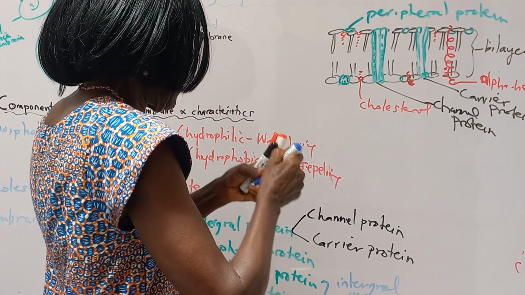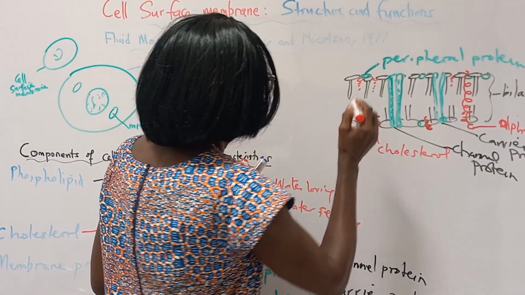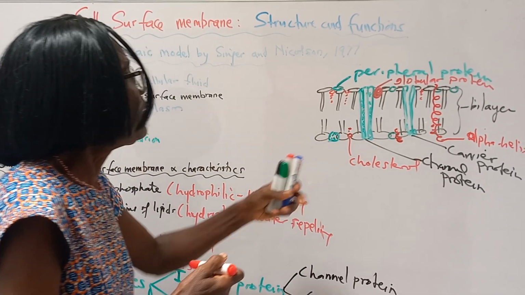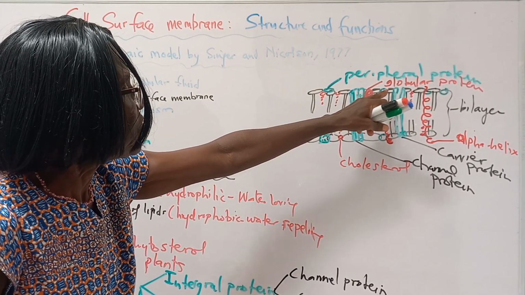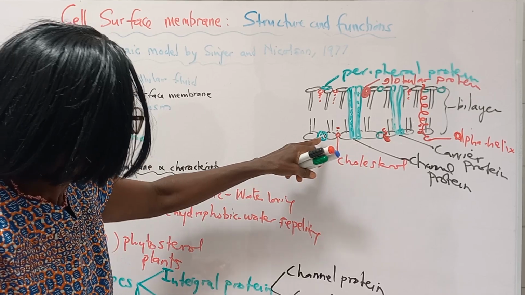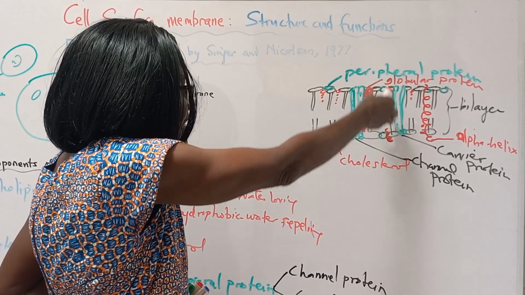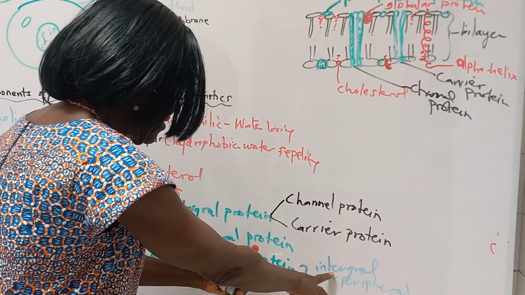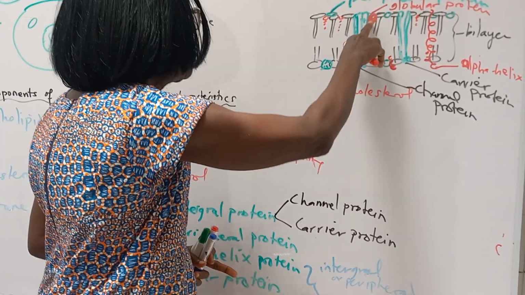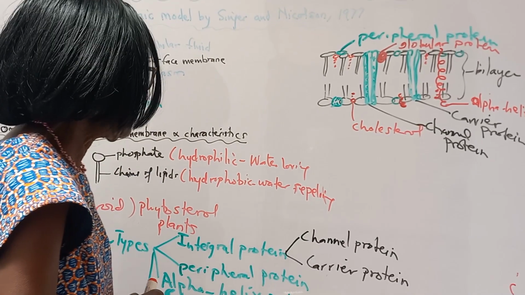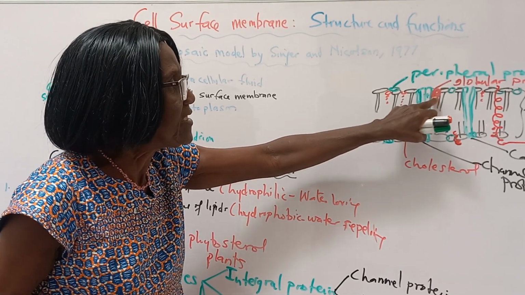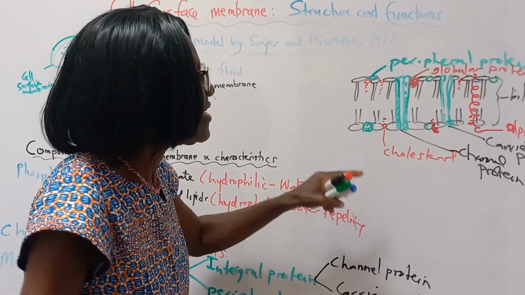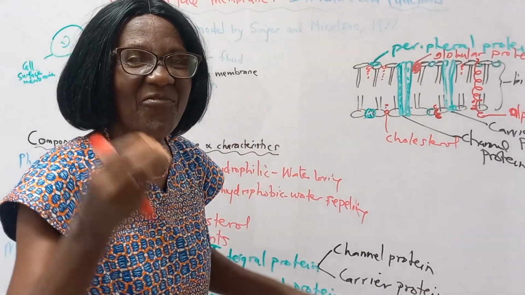It means if I have a globular protein, I can have a globular protein that is associated with the outer surface or inner surface, or a globular protein that spans the length of the membrane, that is integral. So they can be integral or peripheral. That is globular protein and alpha helix protein. Now, globular proteins are spherical, compact, and they are water soluble. They're not like the integral proteins that are fibrous.